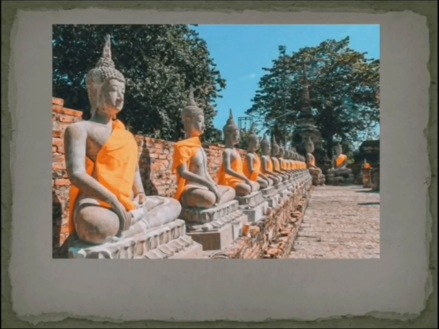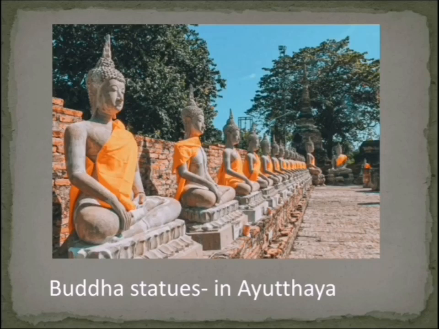We also have the Buddha statues found in Ayutthaya. These are called representative forms because they represent a human form or organic form. These statues exist, so we can see them in our surroundings and in our environment.